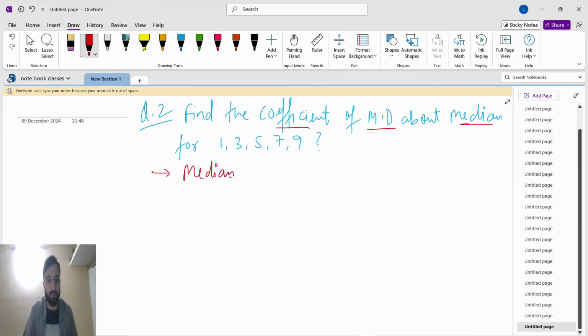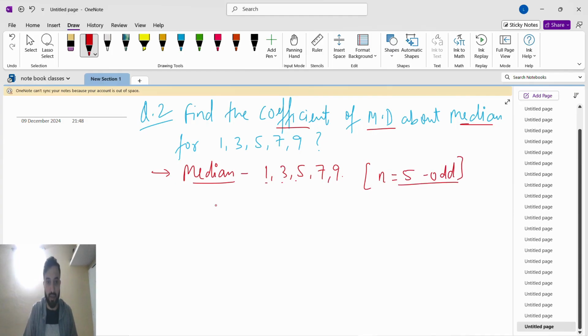For finding the median, we have to arrange in ascending order. 1, 3, 5, 7, 9. Guys, you can see they have already given it in ascending order, so no need to take tension; otherwise we have to arrange it in ascending order. After that, we calculate n. n is 5, which means odd.